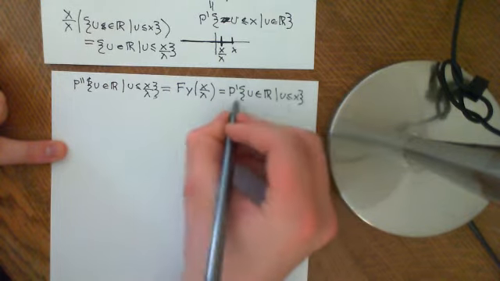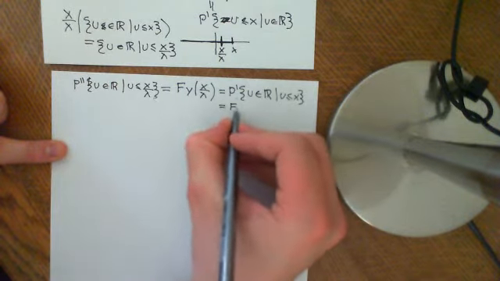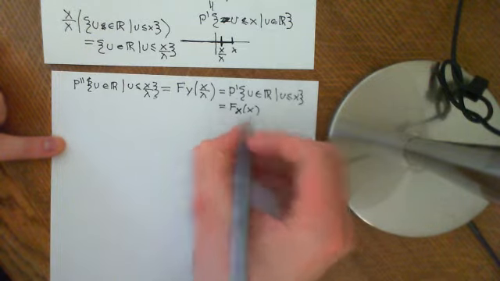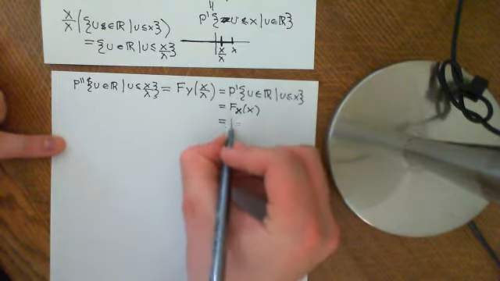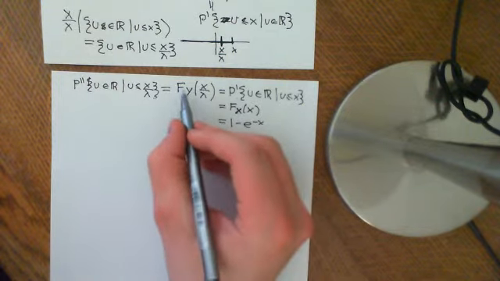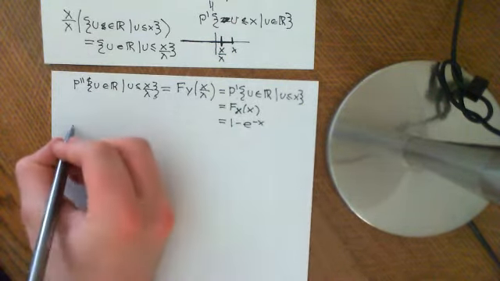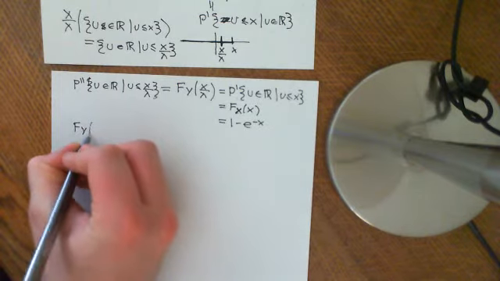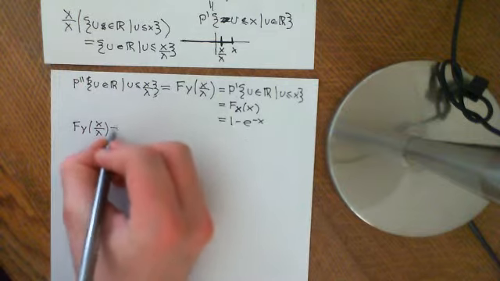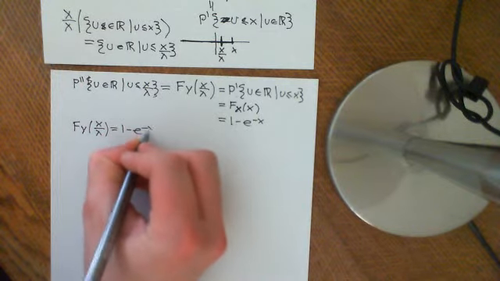We already said that this was equal to the CDF of the random variable X at the value little x, which is 1 minus e to the negative x. So the CDF of this new random variable Y at x divided by lambda is equal to 1 minus e to the negative x.